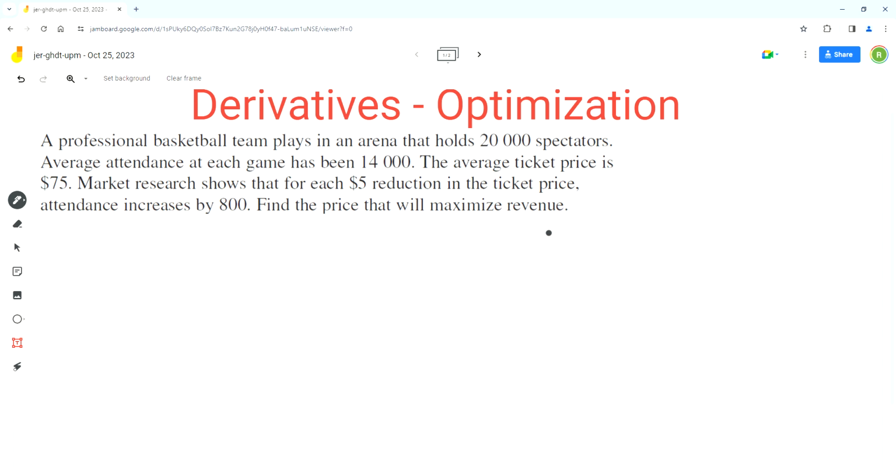For this problem, we'll have to use a variable for the number of $5 reductions in the ticket price. So let x represent the number of $5 reductions in ticket price.